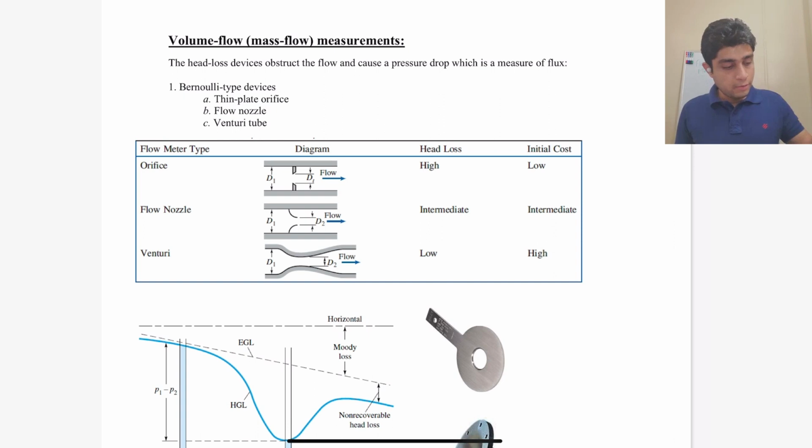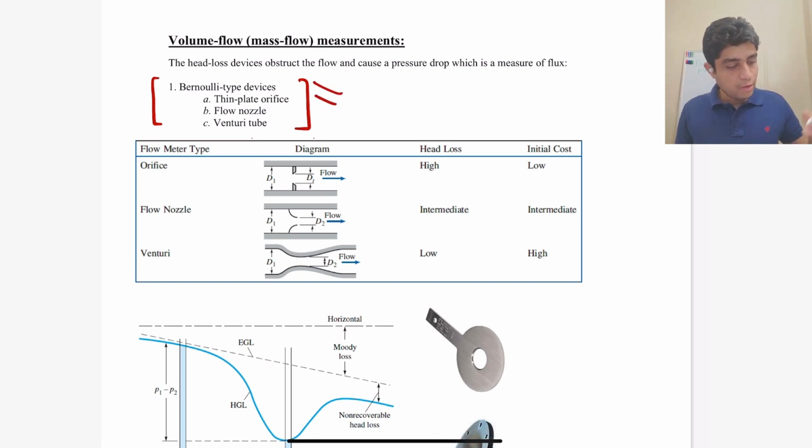So one way to get around that is to use obstructions in your pipe so that the velocity changes locally. And again, by applying Bernoulli equation, we know that if the velocity decreases, then the pressure would increase, and then we just measure that pressure drop and relate it to the flow rate.